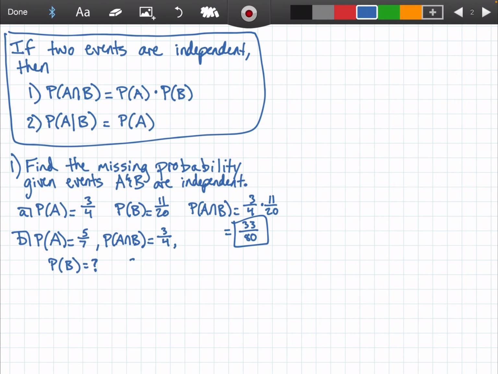I know that 3/4 has to equal event A times event B, so to get B by itself, I can just divide both sides by the 5/7, because those will cancel. And so the probability of B is 3/4 divided by 5/7.